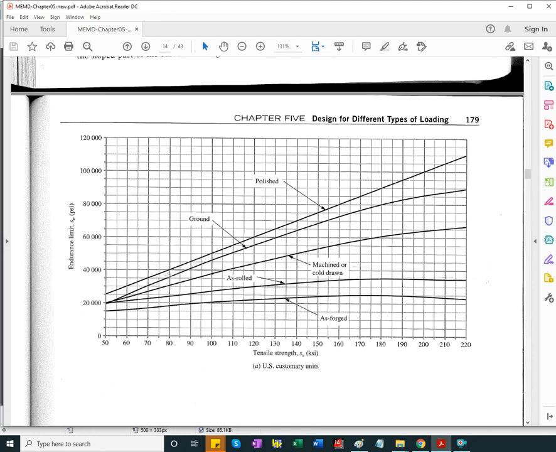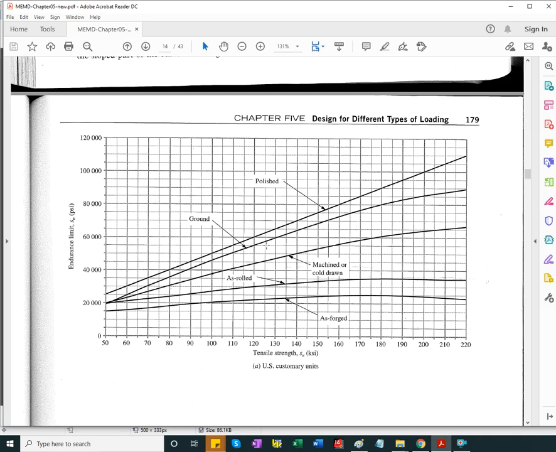We had the polished, the mirror finished, for which the relationship between ultimate strength and endurance limit is 2 to 1. So for a 120 tensile strength, the endurance limit is half, 60. For 100 it is 50.